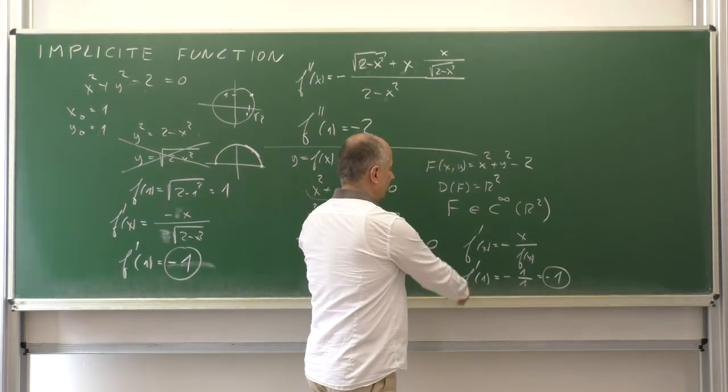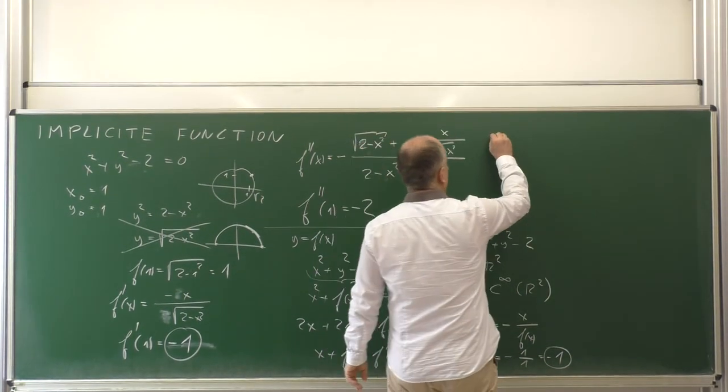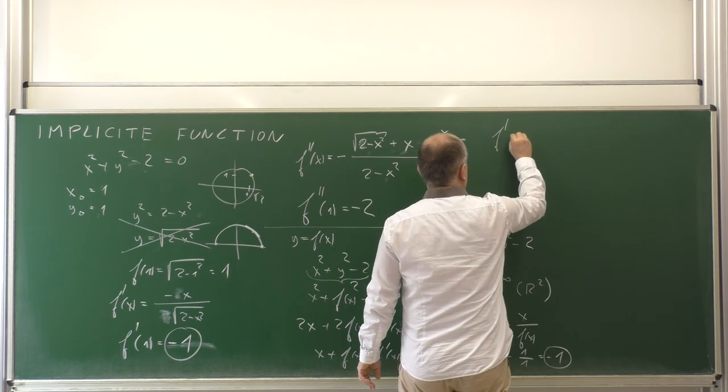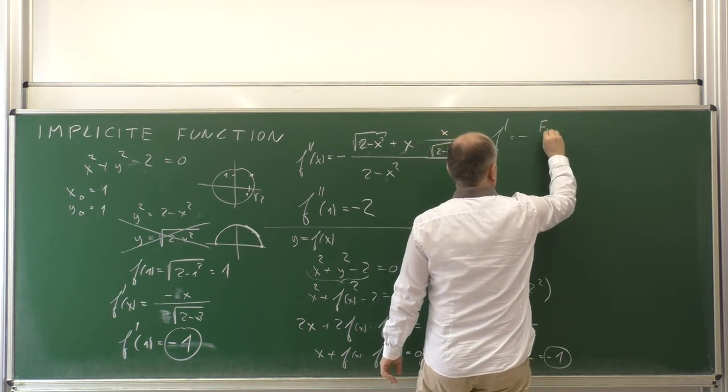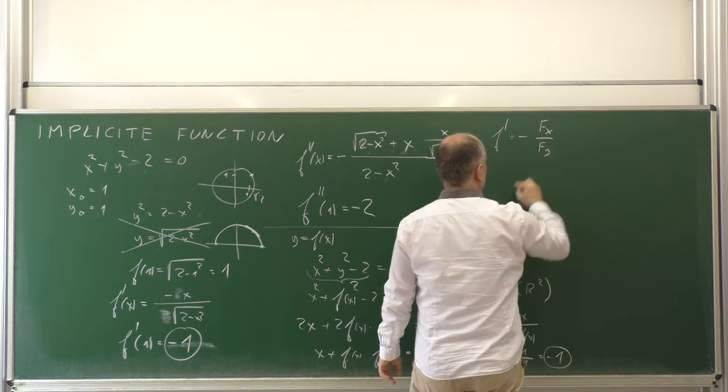Alternatively, we can come to this derivative using the formula that f prime is minus Fx over Fy.